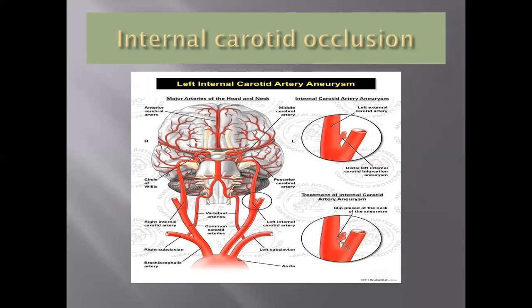Right? So an occlusion of the middle cerebral will result in contralateral paralysis, which is most noticeable in the upper body, as well as deficits on the sensory side of things. However, your lower limbs will be spared to some extent.